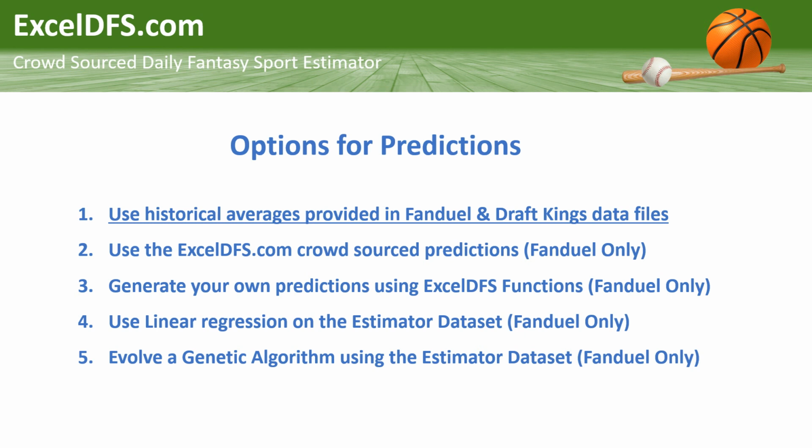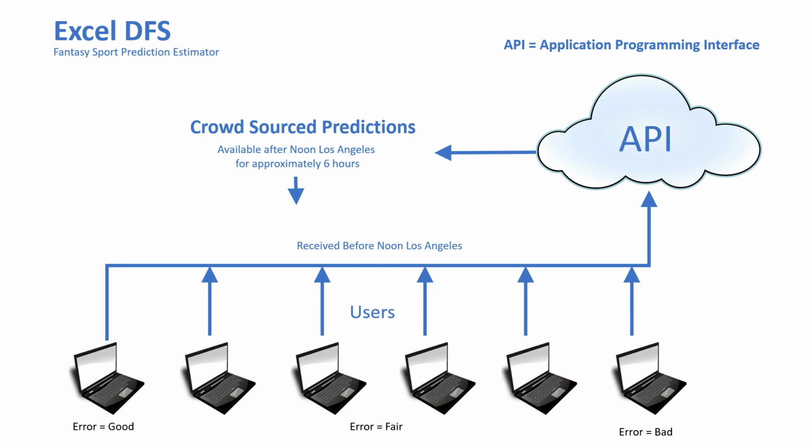So moving on to number 2, we can use the ExcelDFS.com crowdsource predictions. Now, basically, just look at this schematic. This is how it works. A number of users will periodically present their predictions. It's very simple.